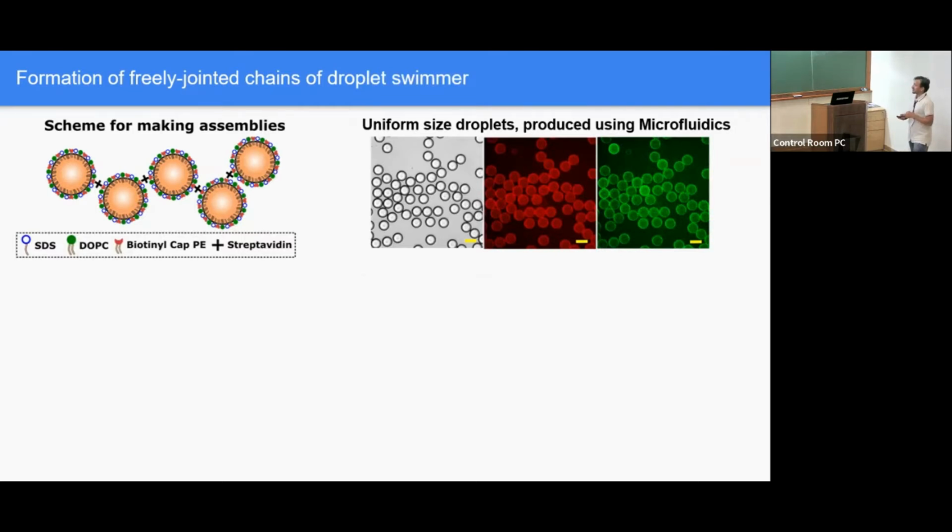Here, instead of using only surfactant to stabilize these droplets, what we use is a mixture of lipid and surfactant. The reason why we want to use lipid along with surfactant is because we have biotin at the surface of lipids. By using this biotin, we can create a biotin-streptavidin chemistry, so that we can create a bond between adjacent droplets and form such kind of linear assemblies.